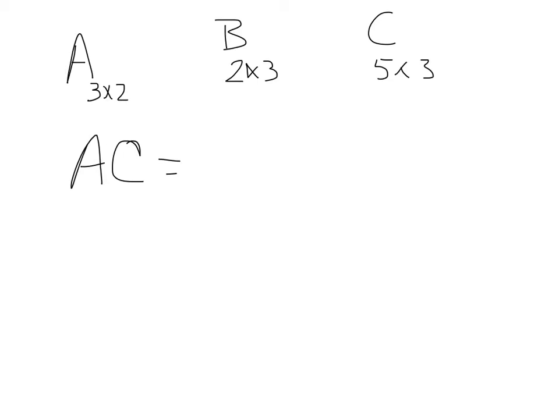Well, let's take a look at what the size of matrix A is. Matrix A is a 3 by 2. Matrix C is a 5 by 3 matrix. Since these numbers do not match, remember, this second number in matrix A is the columns of that matrix, and the rows are this number for matrix C, they don't match.